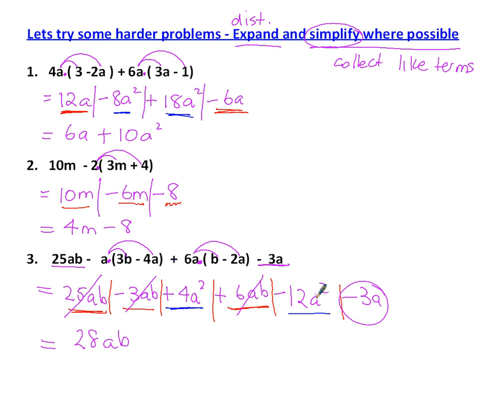Well, 4 take away 12 is negative 8. So we've got negative 8a squared. And our poor little fella, let's cross those off. Our poor little fella over here, negative 3a, got no one to collect with, so there we go. So this time we have 1, 2, 3 terms in our expression.